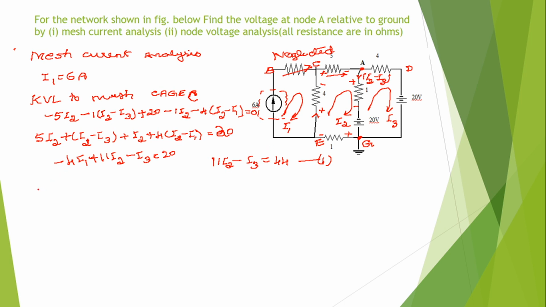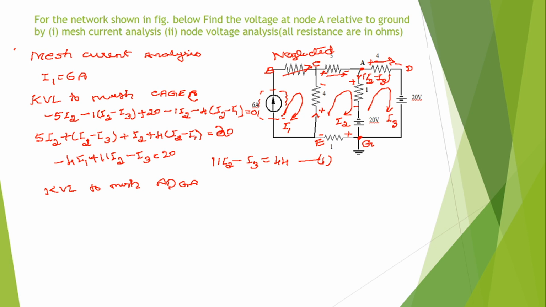Now coming to the next, apply KVL to mesh ADGA, this path. So what is the current flowing from A to D? A to D current of I3 flows. So this is the current direction in this path. This acts as a higher potential, this acts as a lower potential.